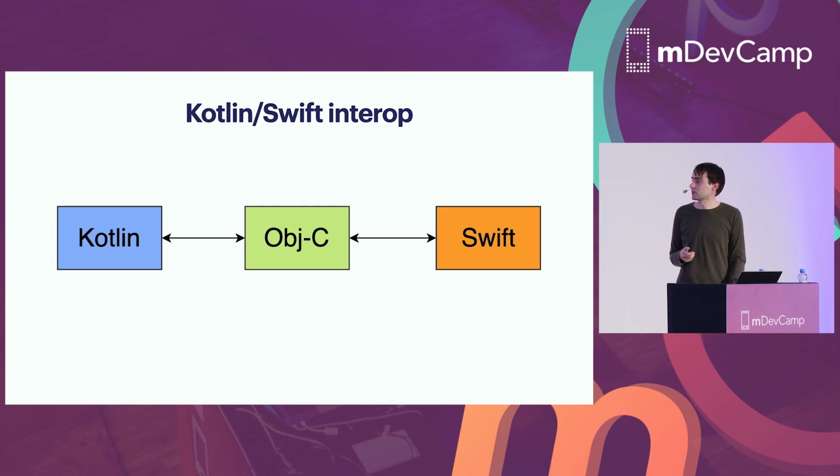The second important thing about Kotlin Native is how the Kotlin to Swift interop works. As of the moment, there is no direct Kotlin to Swift interop. They can't talk to each other at all. Instead, there is a middleman called Objective-C, and both Kotlin and Swift have a pretty good interop with Objective-C.